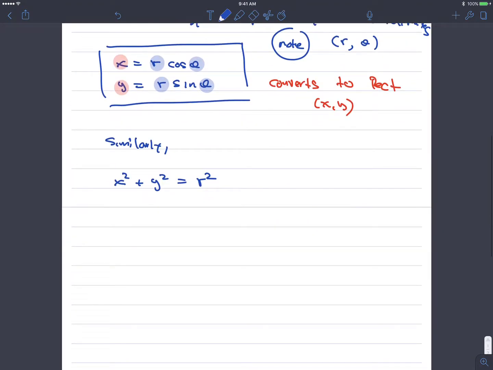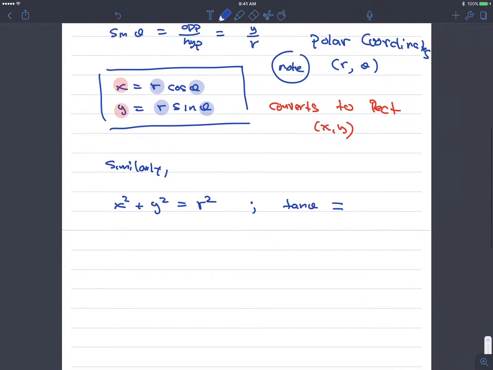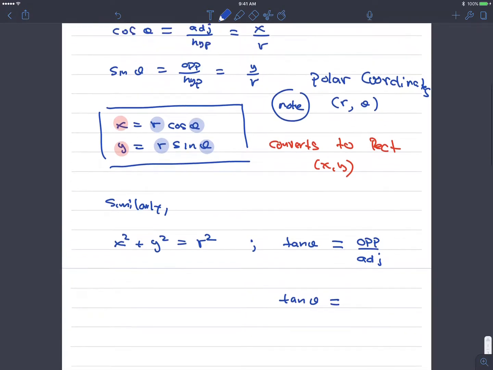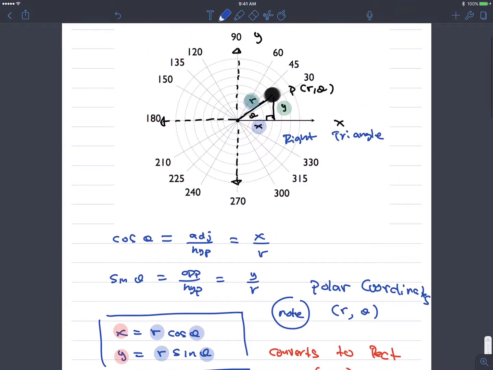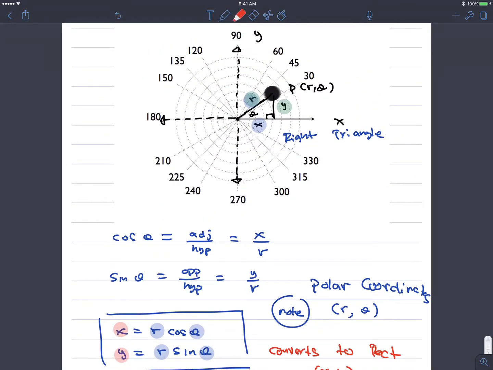Also, I'm going to point out to you another idea. Tangent theta, by definition, what's tangent theta? Isn't that opposite over adjacent? For tangent theta? What would that mean here?